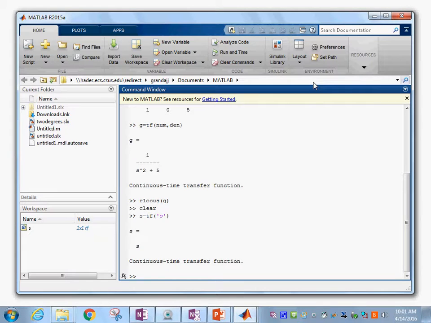And it is correct. What I just did is I said, make the variable S transfer function type.